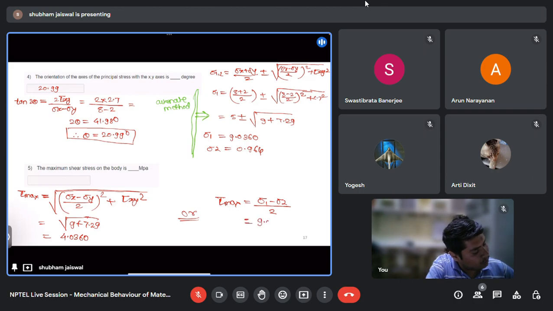It is 9.0360 minus 0.964 divided by 2. So tau max will be 4.0360. So by using both the methods we get the same answer. So it will be 4.0360.